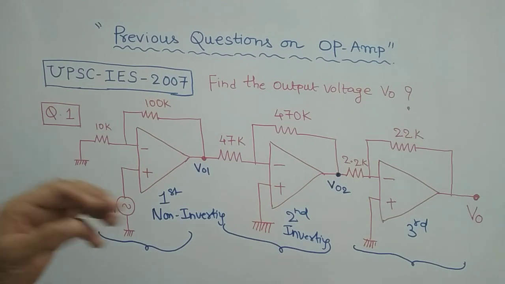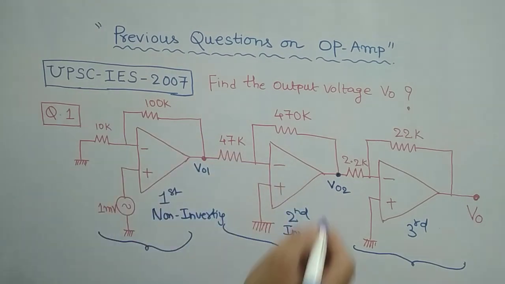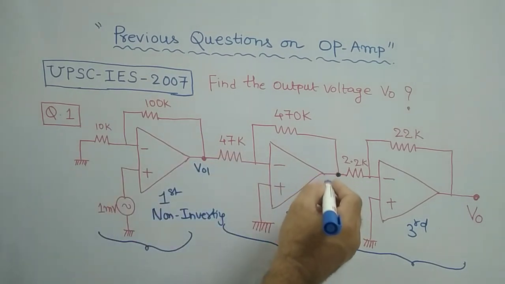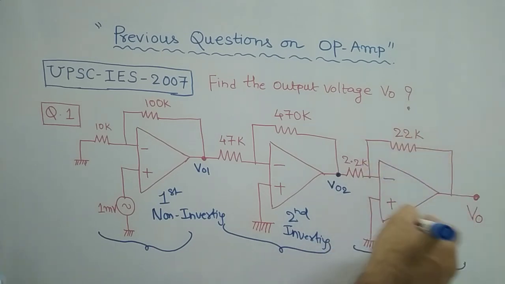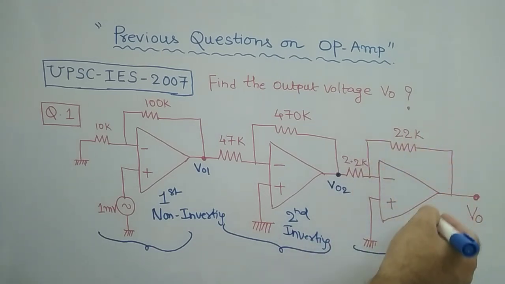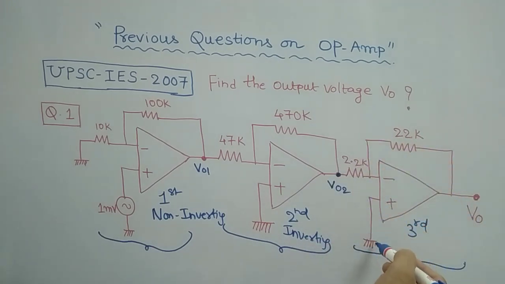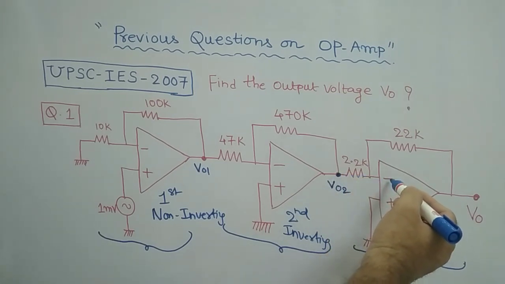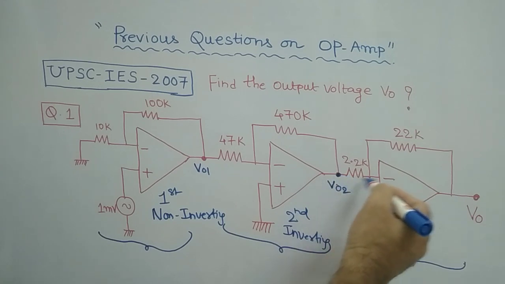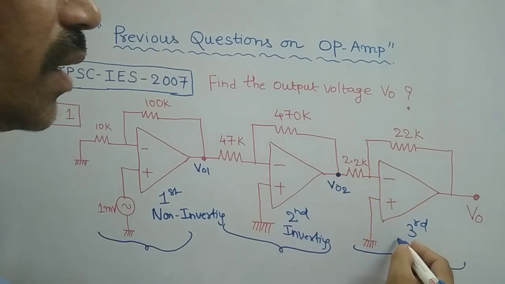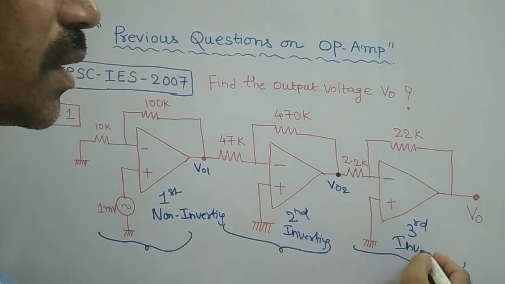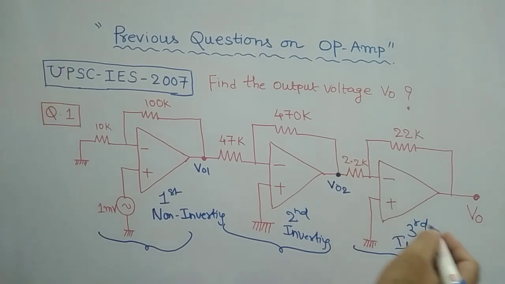Now this V02 becomes the input to the third stage. In the third stage op amp, the plus terminal is grounded and the input is applied to the minus terminal, so it is also inverting.